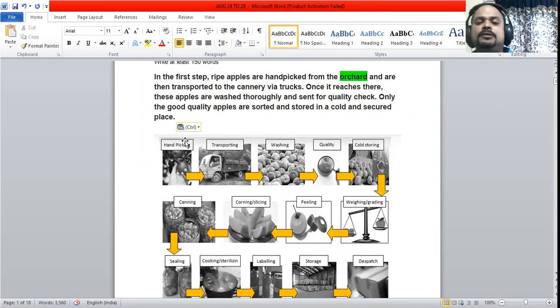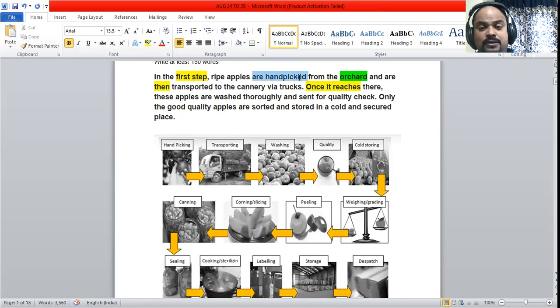So ripe apples are handpicked from the orchard, the place where apples or oranges are grown, and are then transported to the cannery via trucks. So the first step is sequence number 1, then sequence number 2, and once it reaches, sequence number 3. Okay, fine. These are sequences.